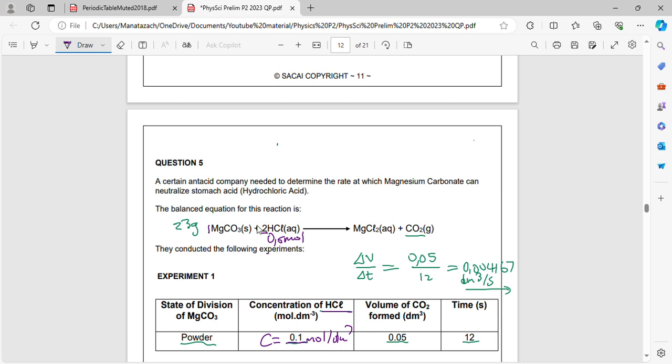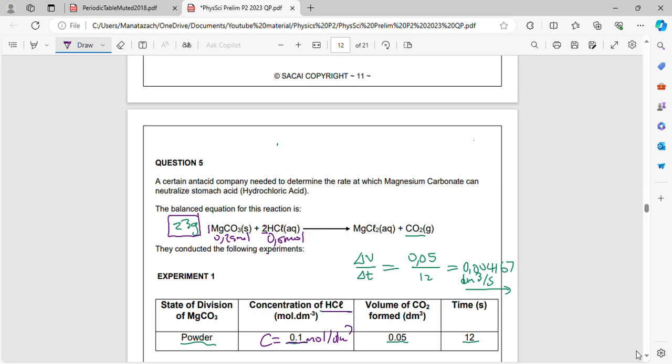So the corresponding number of moles for magnesium carbonate that reacted with hydrochloric acid, we divide by 2 to maintain the same ratio. That will give us 0.25 mole of magnesium carbonate. Now let's calculate the number of moles that were actually used in this reaction using this mass, 23 grams.